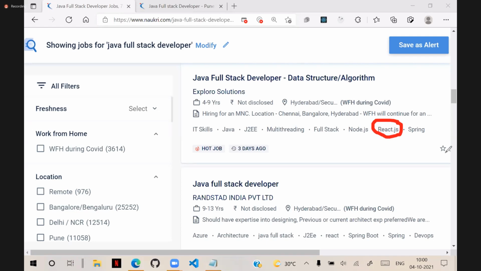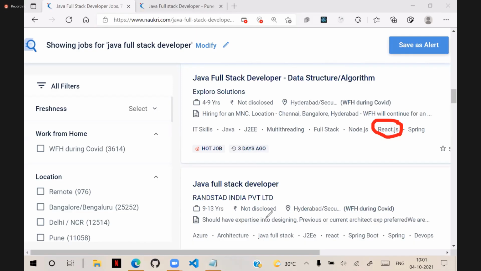Both are Java jobs only. Java or .NET or PHP or Python, any technology or UI technologies, you search any technology, an experienced person must have knowledge of both. There is nothing like which one is best, because some projects use React, some projects use Angular. That is the reason both are required.